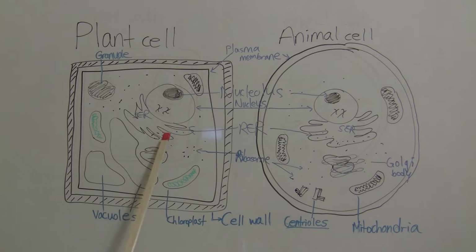Now here's rough endoplasmic reticulum, which is rough because they have ribosomes bound to them. It's closed interconnected membrane vesicles, and this is the rough area, and it's a site of synthesis for membrane organelle proteins and proteins to be exported that are to be secreted. And smooth endoplasmic reticulum is actually another kind of layer. I just didn't draw another one. You can just see that there is a difference.